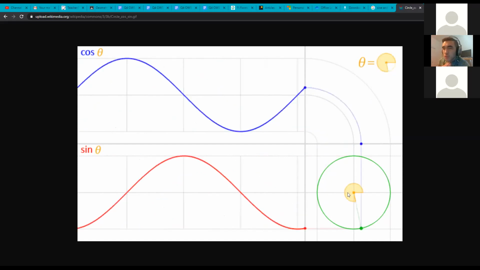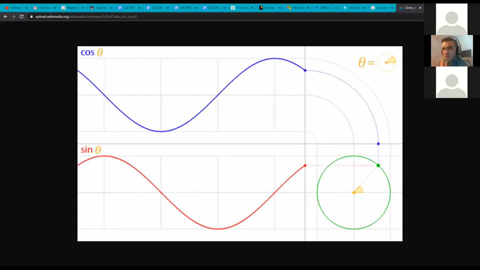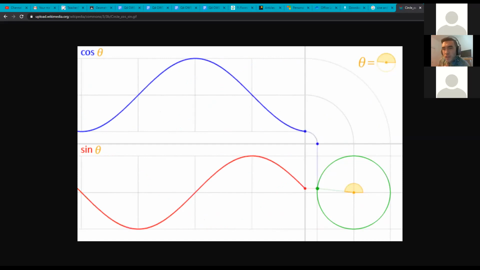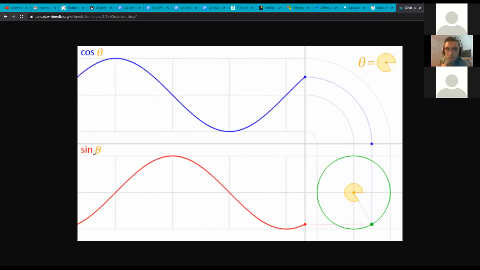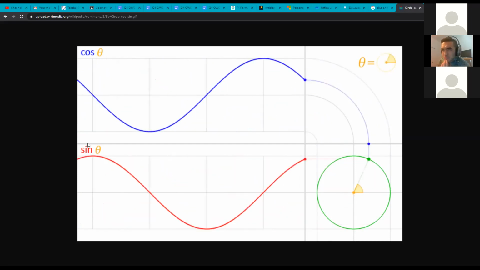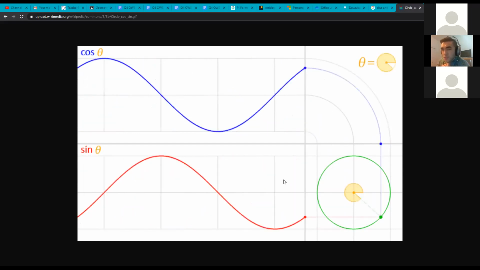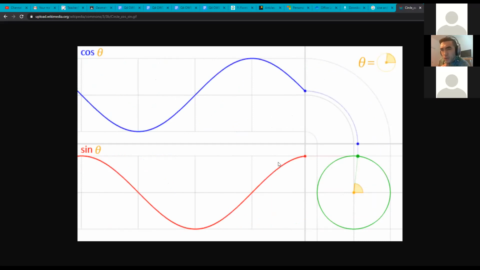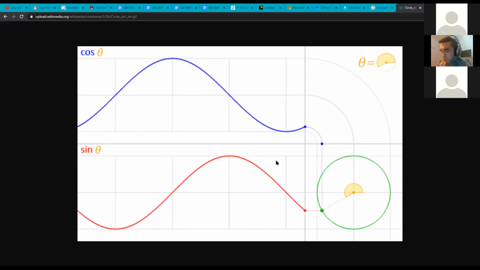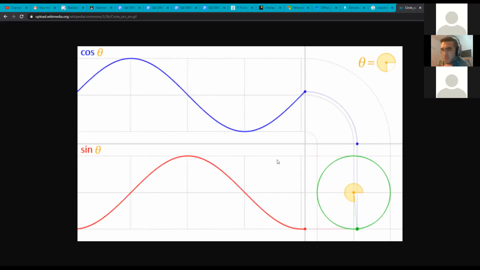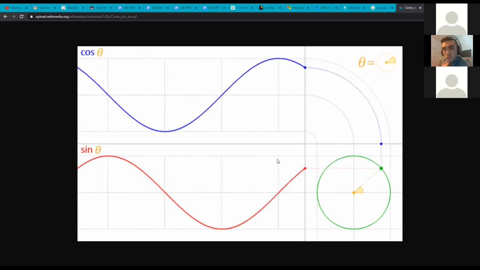But as we also go around the circle, we read the up and down value, which is the same as reading its y component. And if you graph all of those y components together, what does that become? Sine. So the thing that your calculator is doing behind the scenes when it takes a sine or a cosine has something to do with the properties of a circle.